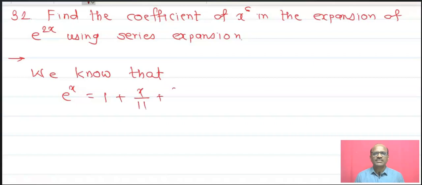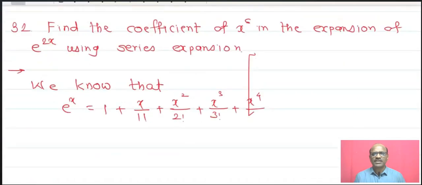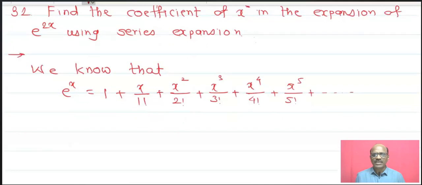e^x = 1 + x/1! + x^2/2! + x^3/3! + x^4/4!. But here we will require e^(2x).